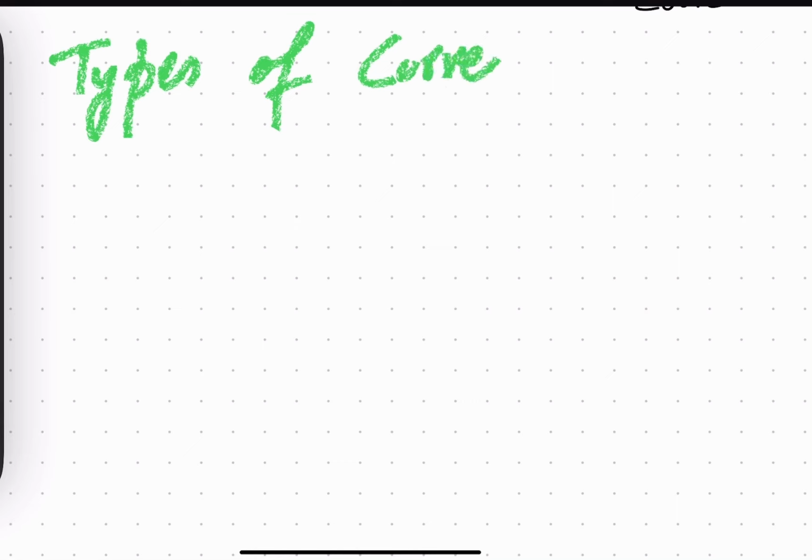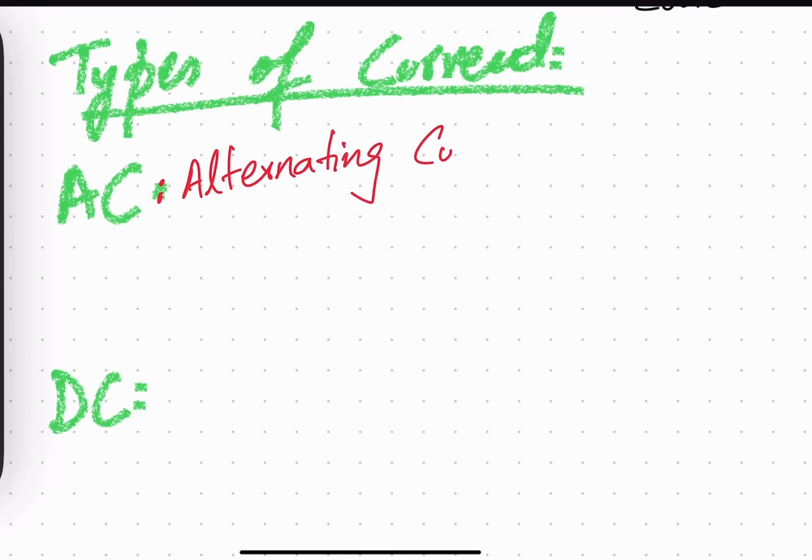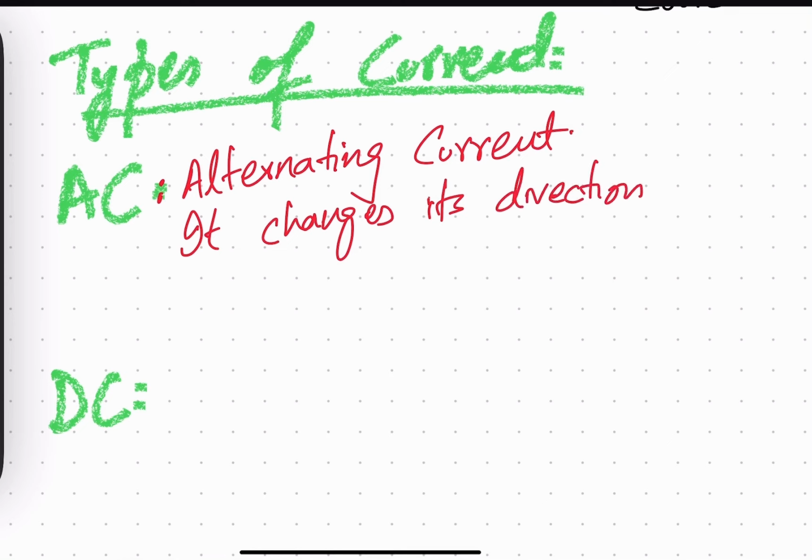Talking about the types of current, generally one is called AC, alternating current, and one is called DC. AC stands for alternating current. Alternating current means it changes its direction after each half cycle.